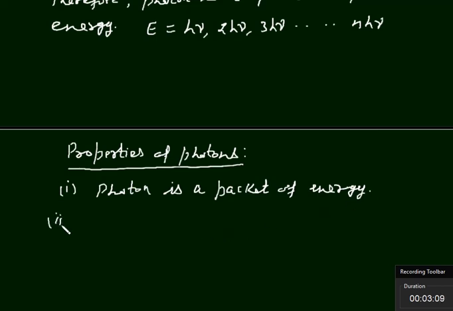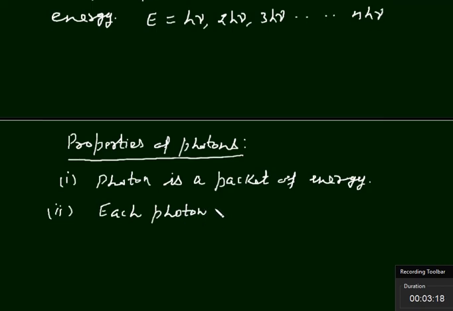Second property I write, each photon has energy h nu, where h is the Planck constant and nu is the frequency of the radiation. Third one is, a photon behaves like a particle also.